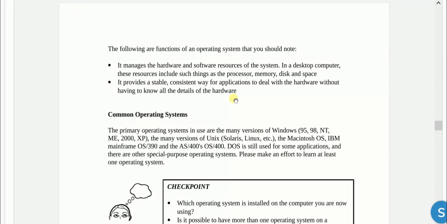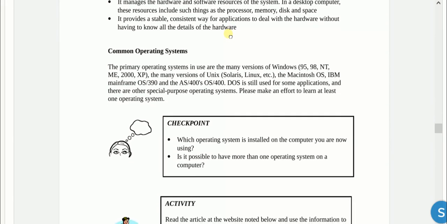Take for example, you are typing a letter, you'll be using the mouse and the keyboard, but at the same time, you are using Microsoft Word, which is an application software. What enables what you type on the keyboard to appear on your screen in Microsoft Word is the operating system creating that bridge of communication between the hardware itself and the application software.